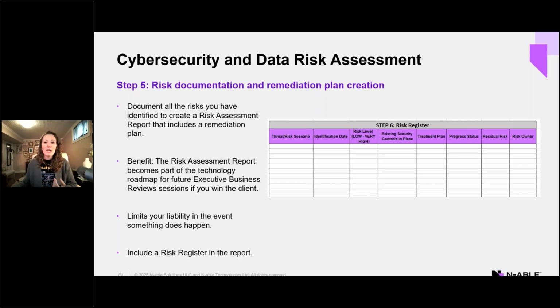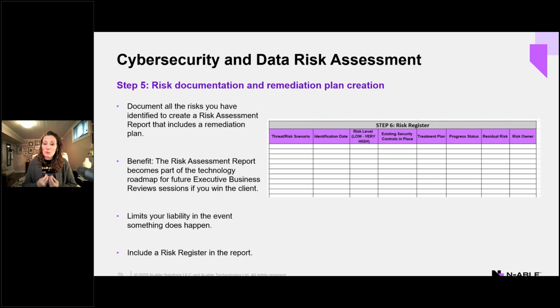And this way, by having this in place, should something happen, by having this documented and by you continually having open and honest conversations with your client, this is what's used to help limit your liability and take emotion out of a potential breach, because the client here is the only one to blame.